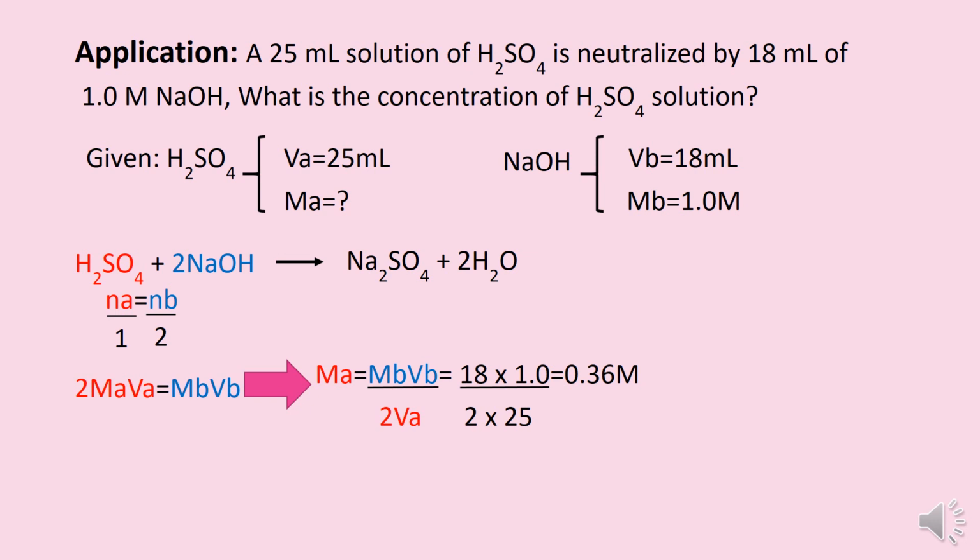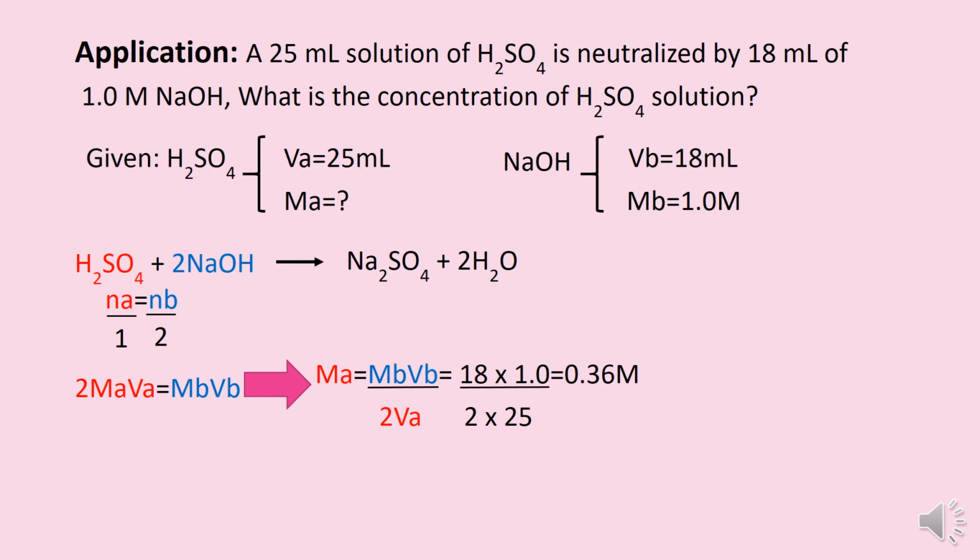To solve this exercise, let's write first the given and arrange it in this way. H2SO4, it has a volume Va of the solution 25 milliliter. The question here is to find the molarity of the acid, by having here also the sodium hydroxide.